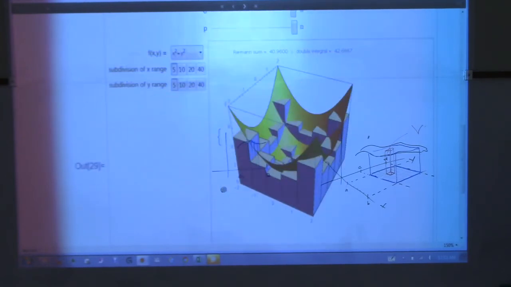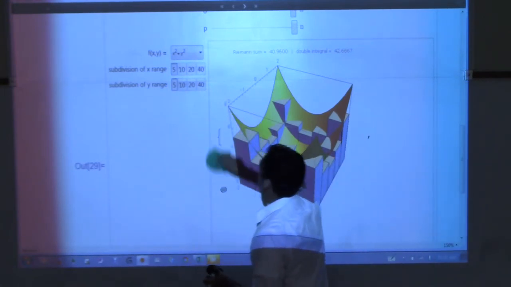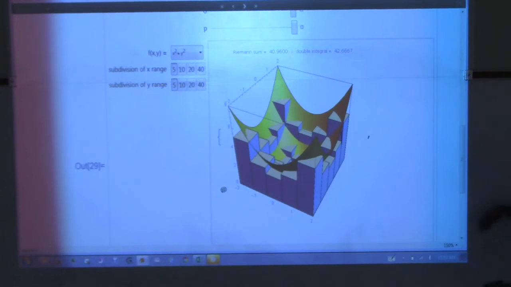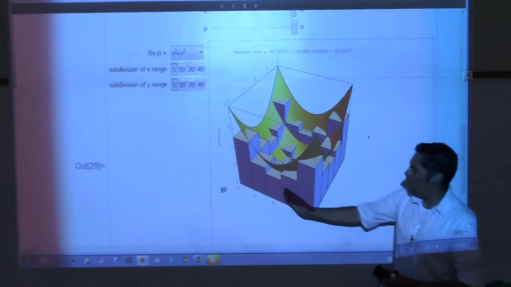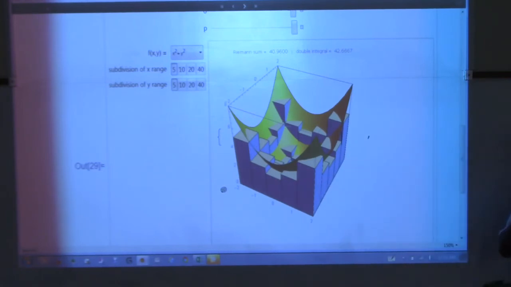So here's a surface that has already had this grid cut out on the domain, on the ground, and created a bunch of boxes. And what I have here is 5 boxes across, 5 boxes deep. And so we're going to have 25 boxes, and if you add up their volumes, you get an approximate volume.